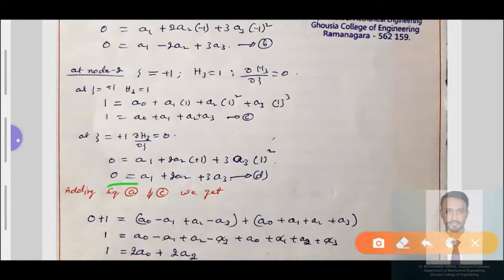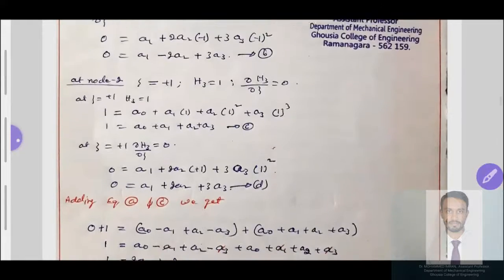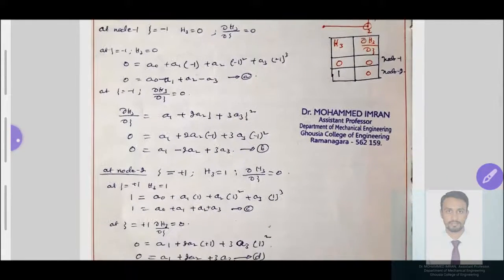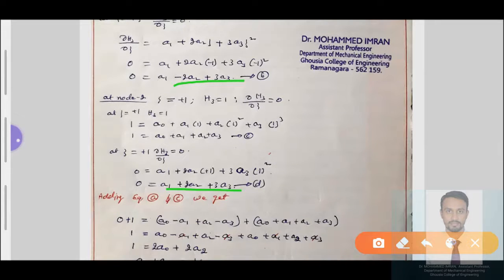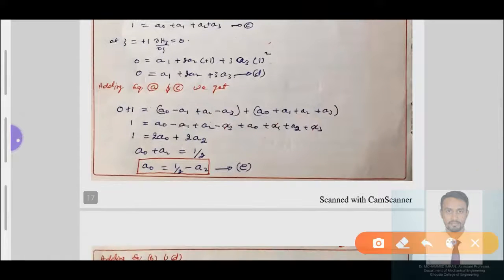Then rearrange that equation: 0 equals a1 plus 2a2 plus 3a3. Call it equation number D. As usual, what are the four unknowns? In equation number A and equation number C, 4 unknowns are there. Add those equations. Equation number B and D have 3 unknowns. Add these equations, we will have this value.